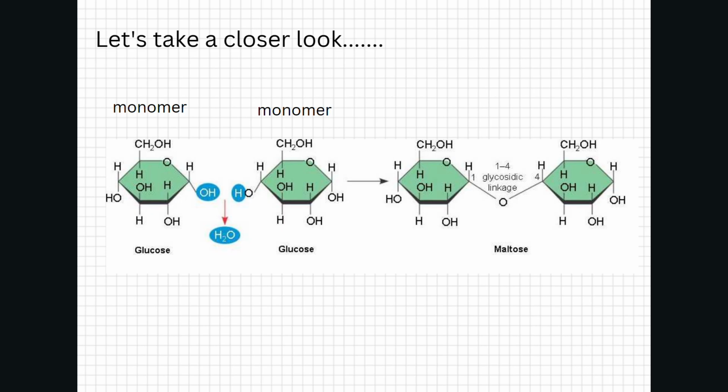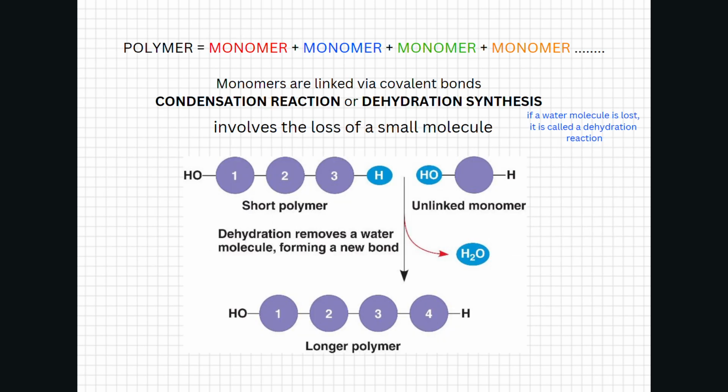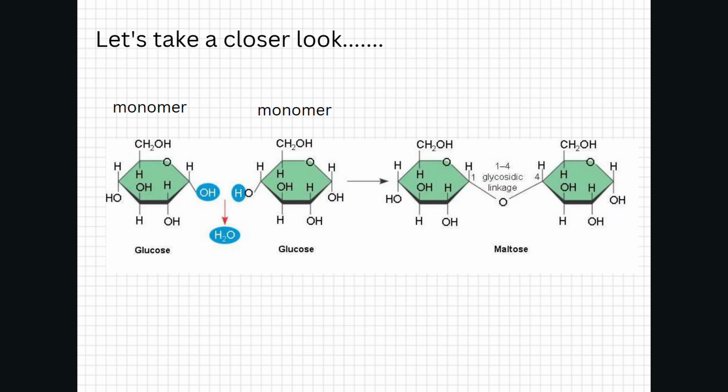They come together to make a water molecule. And then that is what allows the two glucose monomers to link and create maltose. And this linkage is called a glycosidic linkage. I will be having future videos discussing each of the macromolecules in depth, but this is just a general overview so you can get a sense of where this water is coming from. That's where that water is coming from, the structure of the monomer.